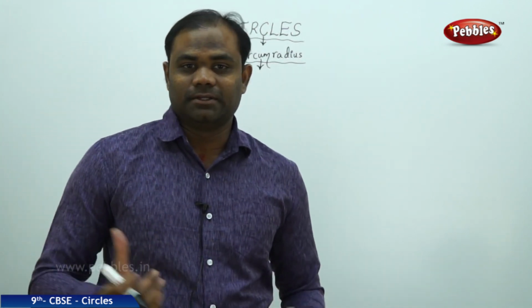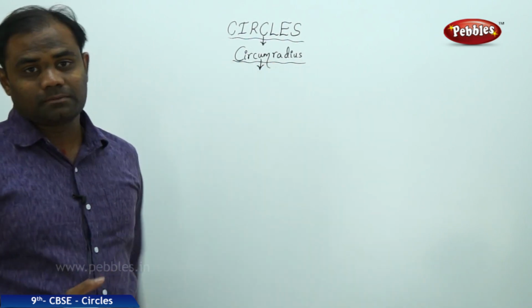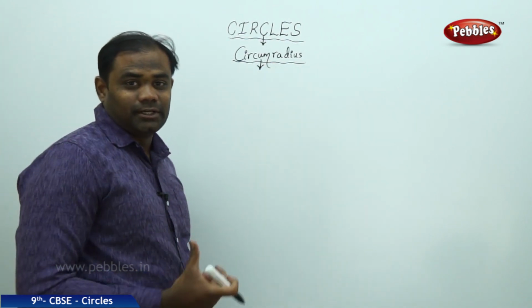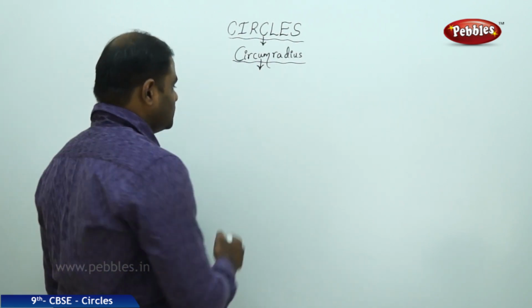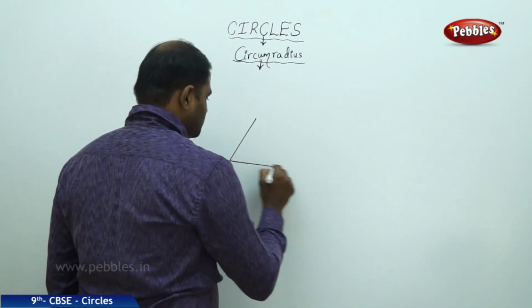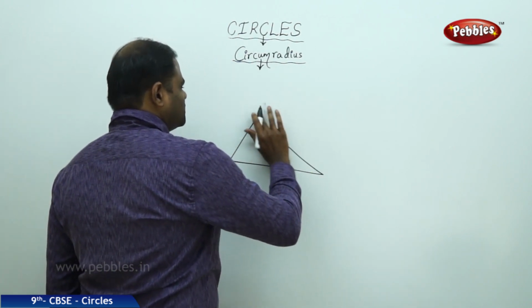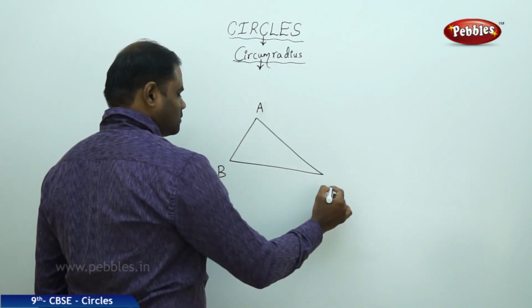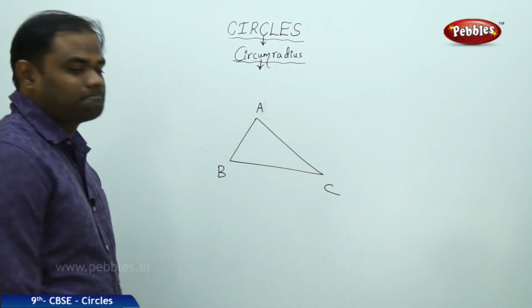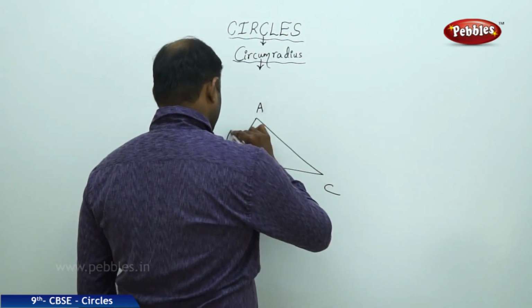What is circumradius? Let's take a circumcircle to understand the concept of circumradius. Let's take initially a triangle ABC, for which I have to draw a circumcircle. Here I have a triangle ABC and then I have a circle which clearly passes through all the 3 points.